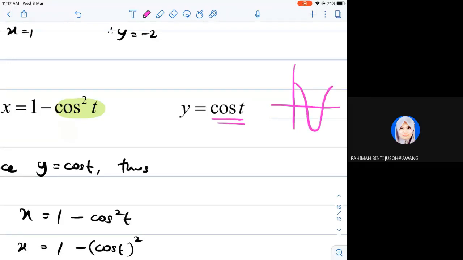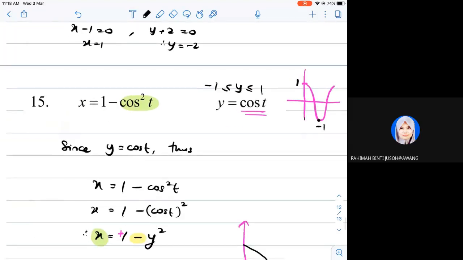Ingat tak zaman sekolah dulu? Ingat. Ini adalah 1, betul? Ini adalah negatif 1 kan? Betul tak? Betul. So bila y equals to cos t, automatically y mestilah daripada negatif 1 sampai 1 je nilai dia. Dia tak boleh lebih.